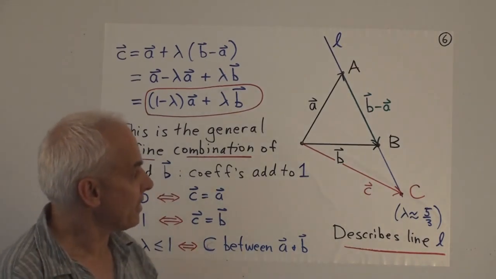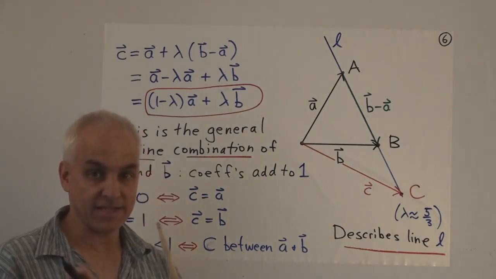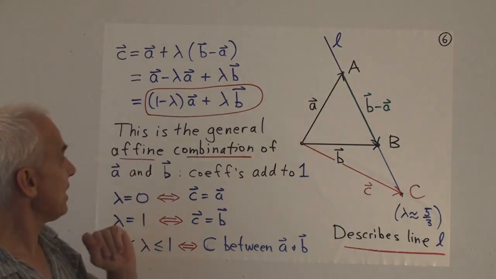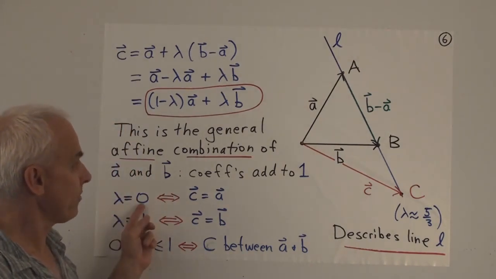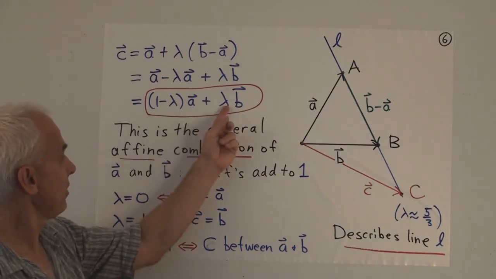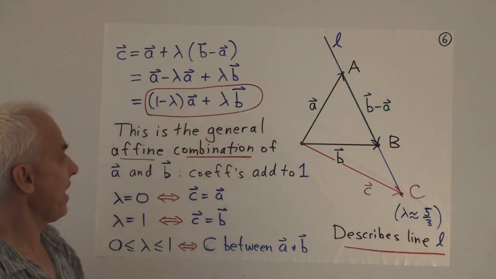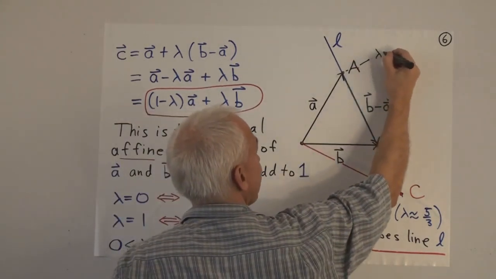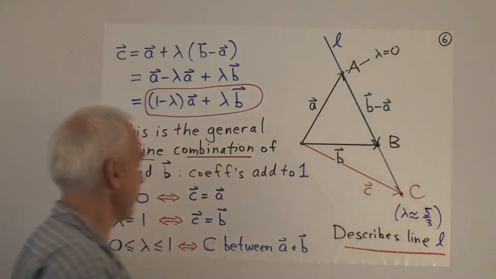So let me show you the cases that we've already looked at. The case when lambda is equal to 0, what would that be? If lambda is 0, that's 0, and we just have A. So right here, that's the case lambda equals 0.